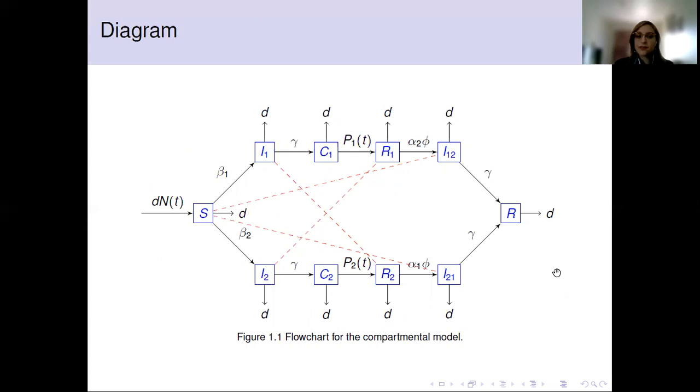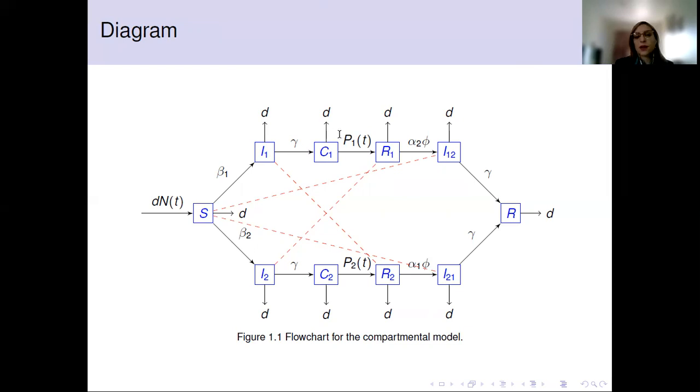the classes. So we divide the population into classes, as described. The susceptible class, and I1 and I2, infected by the first serotype and the second serotype. Here, for simplicity, we just put 2 serotypes. After being infected, the individual goes to the cross-immunity class, and spends some time there.